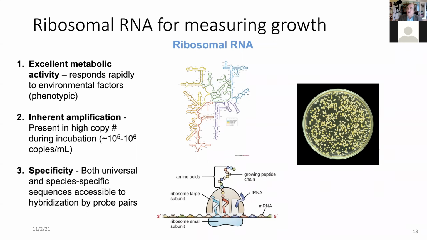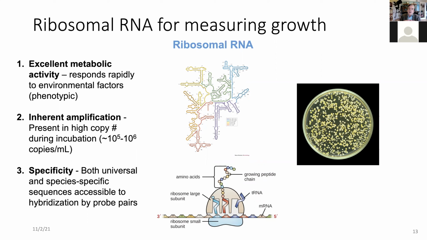Because as you know, culturing takes too long, 2 to 3 days. But by using ribosomal RNA, you don't need to do the whole length of culturing, by looking at the RNA that very, very quickly, faster than waiting for the cells to grow, responds to its environment, especially metabolics. There's an inherent amplification involved because during the short time we incubated, the ribosomal RNA very quickly multiplies.